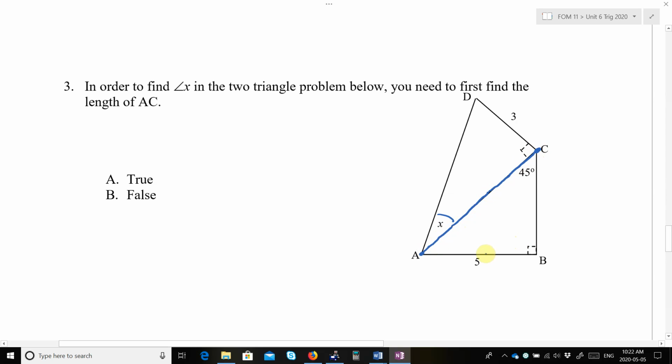We would be able to use this and this to get that, and then from there we would be able to get angle X. So this is true. Yeah, we do need to find AC because it is common to both triangles, and then that will help us get angle X.